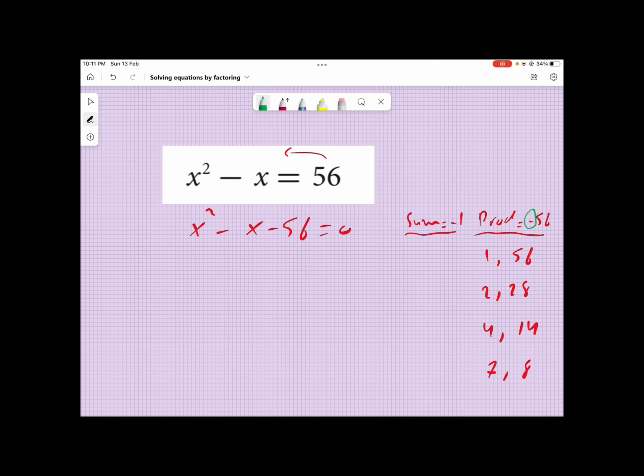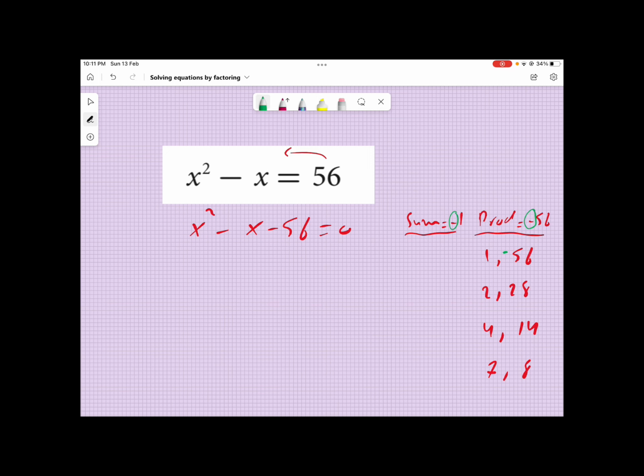Because the product is negative, one of them must be negative. Because the sum is negative, the greatest should be negative.